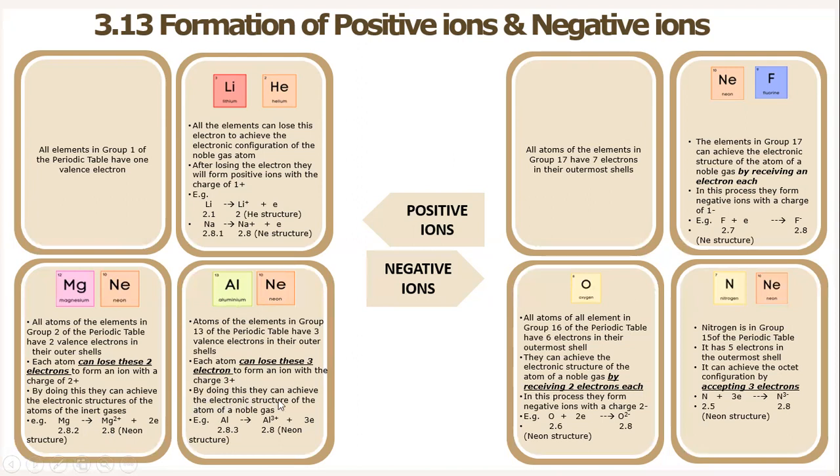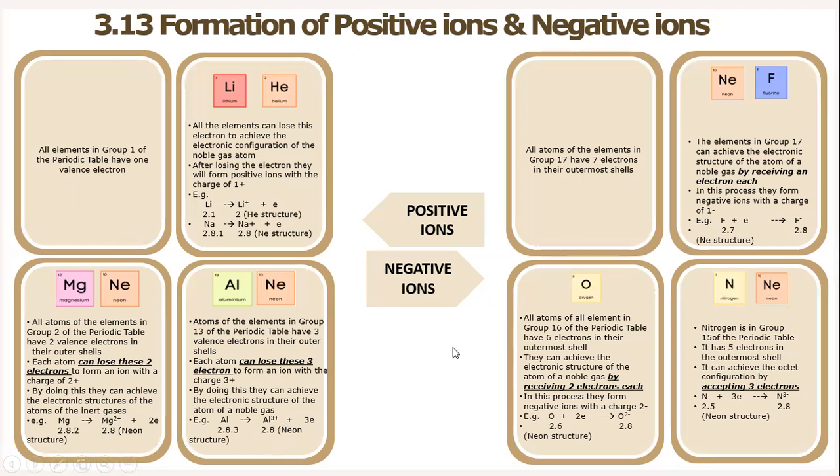By doing this, they can achieve the electronic structure of the atom of a noble gas. The initial electronic configuration for aluminium is 2.8.3, but after losing 3 electrons to form an ion with the charge 3 positive, aluminium becomes aluminium 3 positive, which carries the electronic structure of 2.8, which is the neon structure.